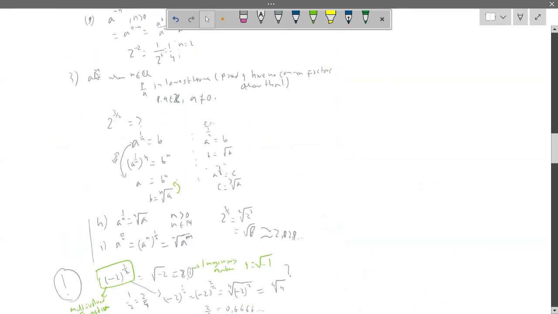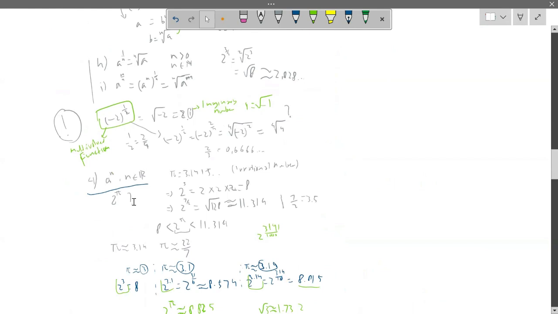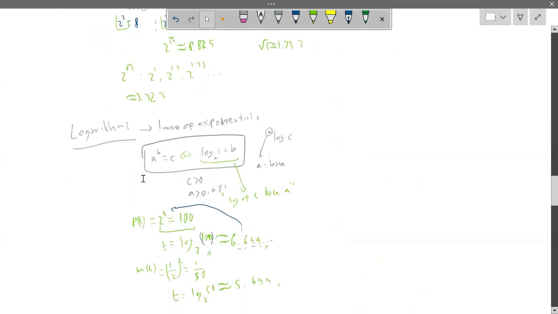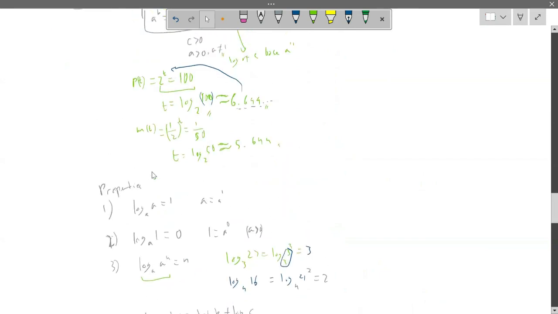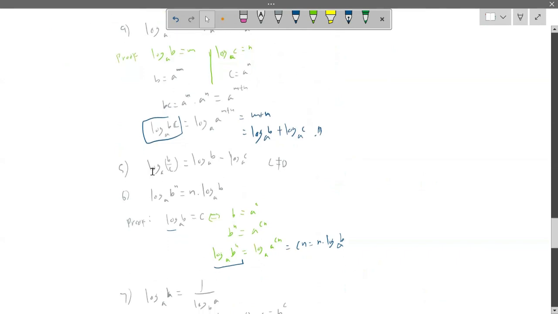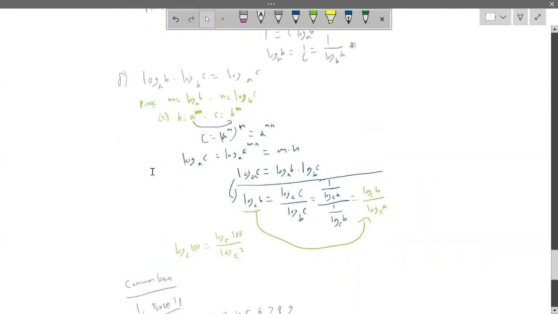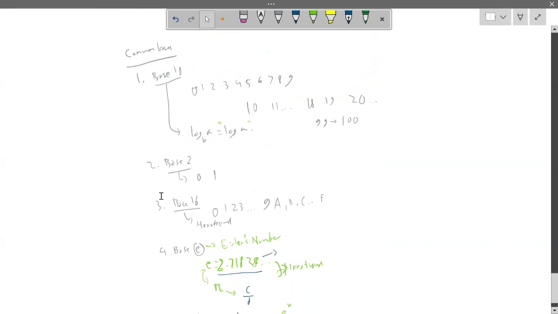Then we talked about when the power is a rational number, and finally when the power is a real number. Then we talked about logarithms and defined them as the inverse of exponentials, like this. And we went on to discuss the properties of logarithms, which is quite intertwined with exponentials. And just for completeness, I decided to talk about bases that are quite common in mathematics.